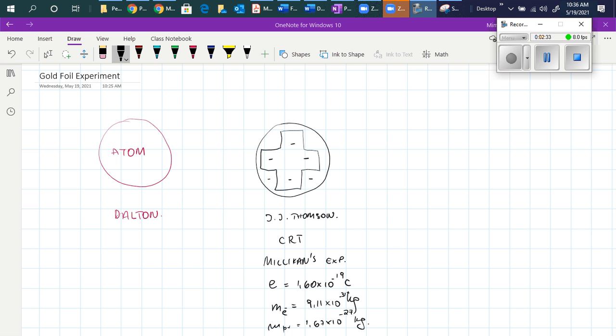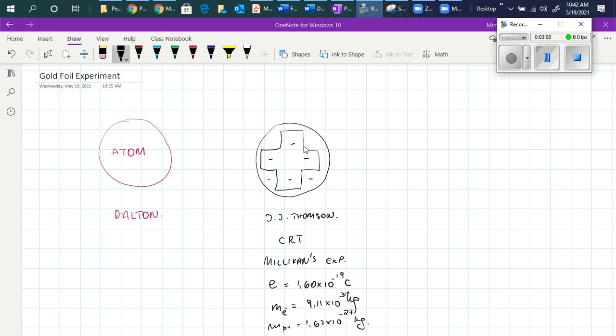So now we have, within an atom, and this is one of the important findings of J.J. Thomson's cathode ray tube, he saw that within an atom we have other particles like protons and electrons. So the atom is not indivisible.